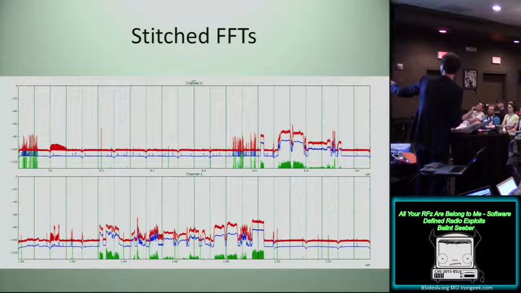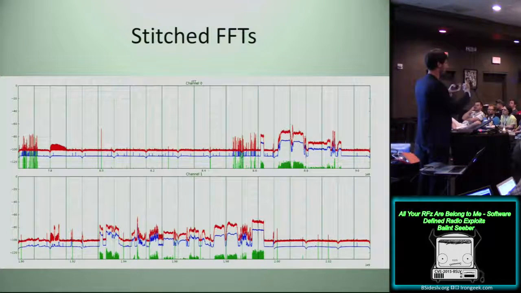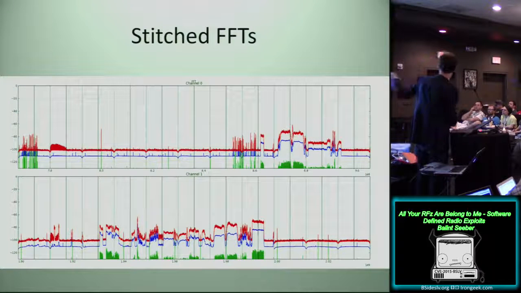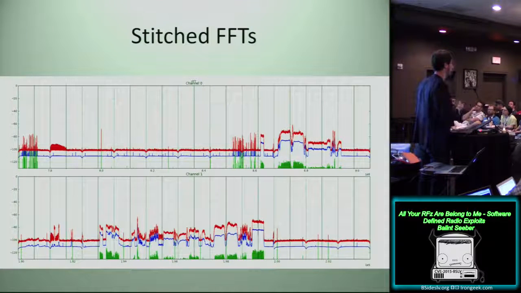This is in roughly the 800 megahertz region, and this is in the 1.9 gigahertz region. And you can see that each of these individual sections is one capture. You can record all of that and then run the Fourier transforms and stitch them all together into one continuous thing.